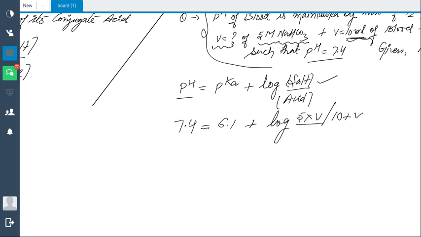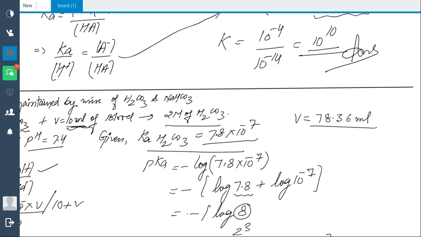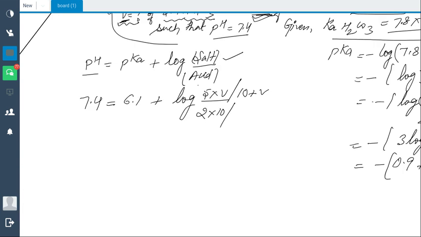So the final volume will be 10 plus this V. What is the acid quantity given to you? 2 molar. How much is the volume? 10. This will get cancelled out. So all you have to do was find out this V. This V comes out to be.